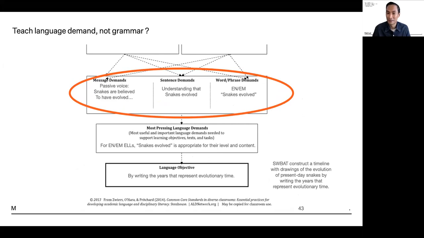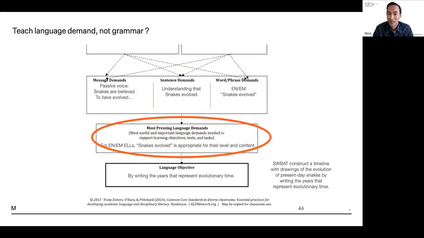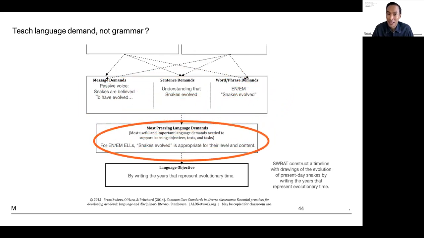That's better than making it a passive voice. Take the most pressing language demand, in this case, the passive voice, and change it for the beginners. You can say snakes evolved because it's more appropriate to their level of understanding in language, but it's still within the content.